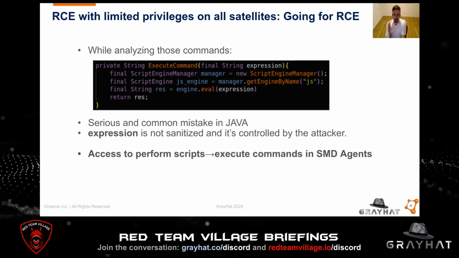The JavaScript code you can execute was provided directly inside the script without any kind of sanitization. Using a script engine, as you can see in the snippet, is a really common bug in Java applications that use this engine without any sanitization.